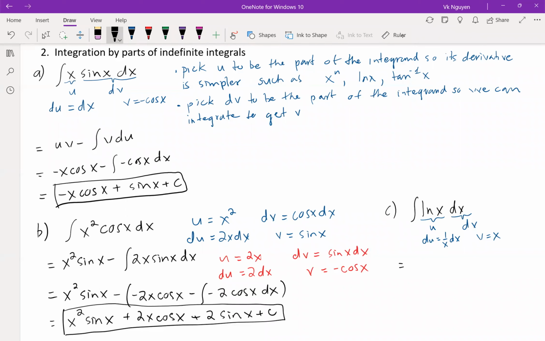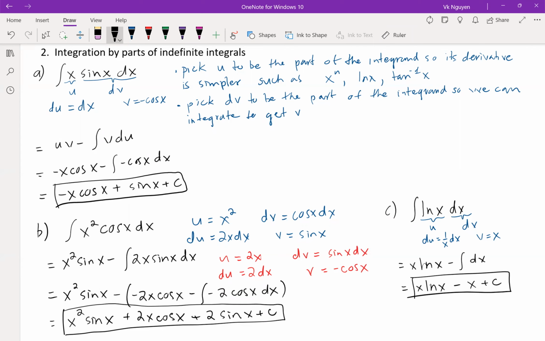So uv is x ln(x), minus the integral of v du, so that would just be dx, and we have x ln(x) minus x plus c. Pretty nice formula for the integral of ln(x).